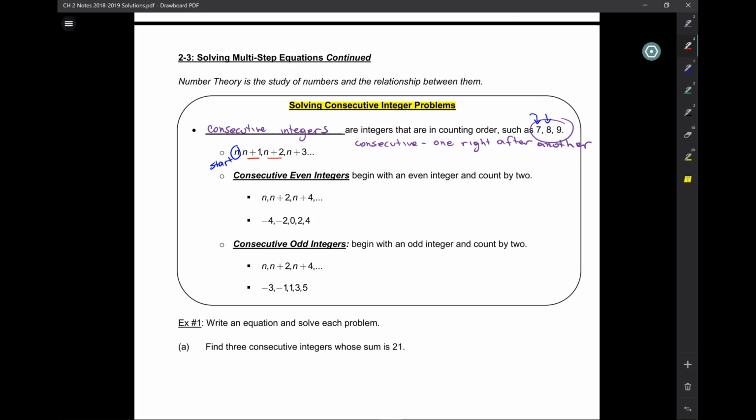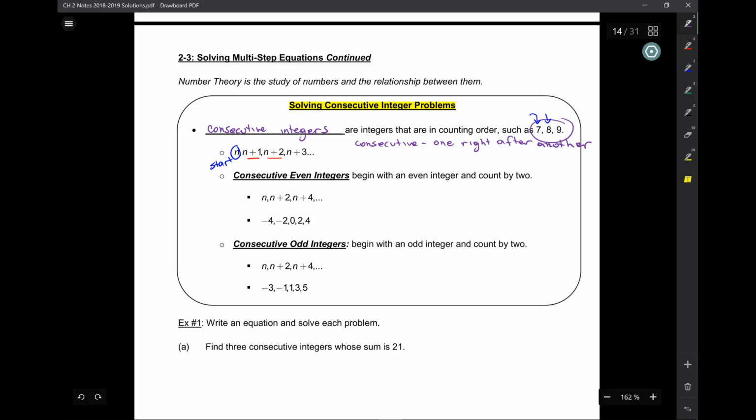Just like here, 8 is what we started with plus 1, 9 is plus 2, 10 would be plus 3. So n plus 1, n plus 2, n plus 3. Oh, we're not doing plus 3 yet. I had stopped one short for that one. Okay, so those are consecutive integers.